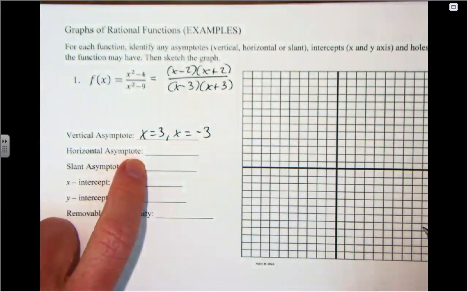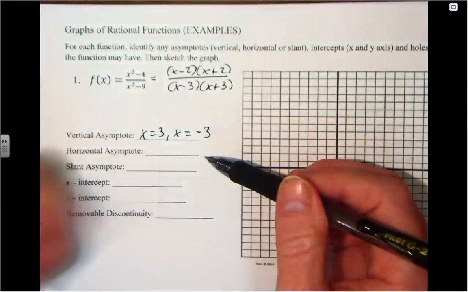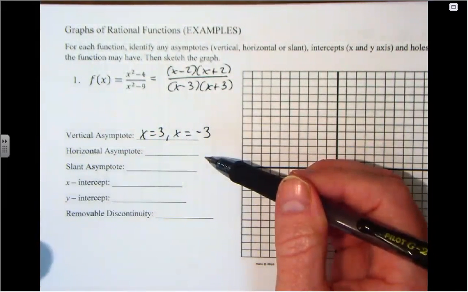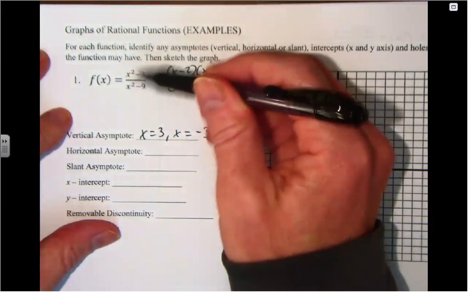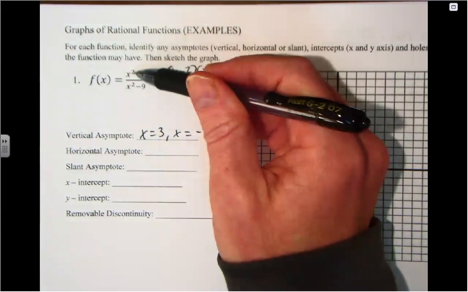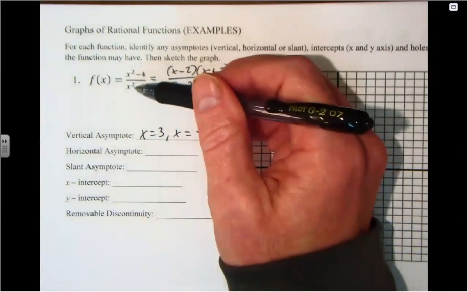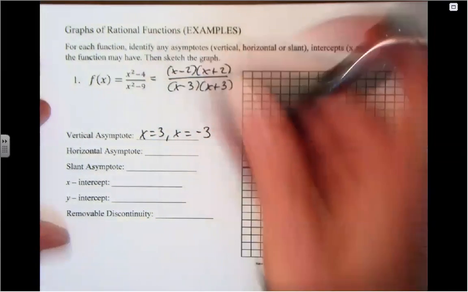Horizontal asymptote. Remember, this was one of three cases: bottom heavy, equal, or top heavy. What that means is you're looking at the biggest exponent on the top and the bottom. In this case, there's an x squared and an x squared, so this is the equal case.